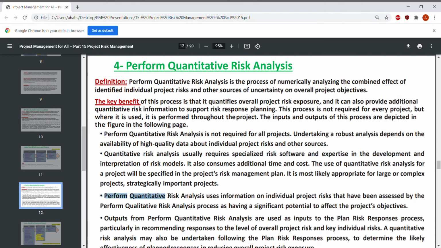It uses information on individual project risks that have been assessed by the previous process, which is perform qualitative risk analysis. The outputs from perform quantitative risk analysis are used as input to plan risk responses. So when we identify and quantify the risks, we need to plan how to deal with these risks.